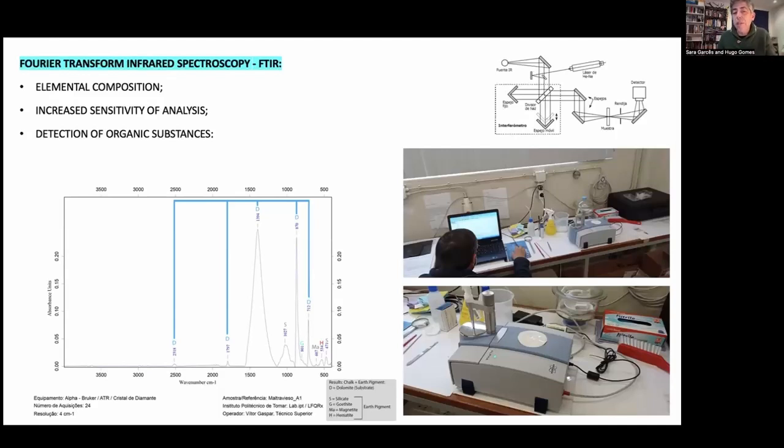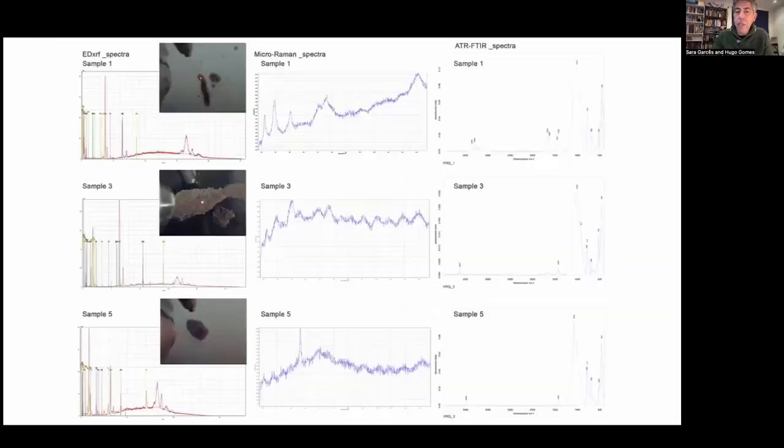For example, we can identify which peaks are part of the substrate rock and which peaks are part of the pigment itself. It is also very useful because we can detect some organic substances. So we can also apply gas chromatography in sequence after FTIR.